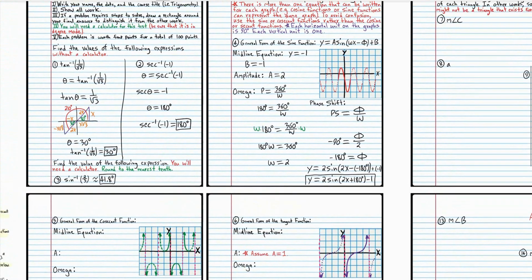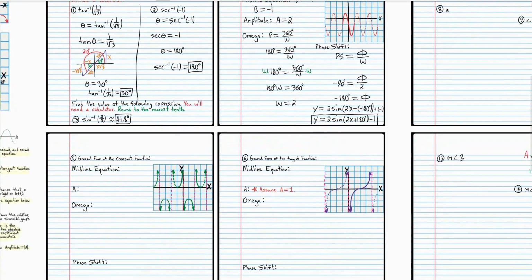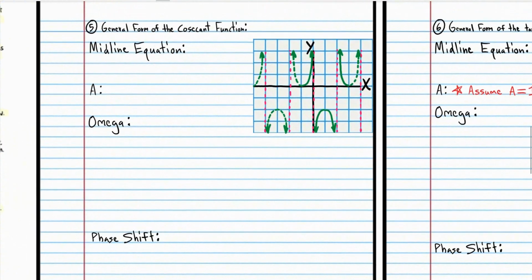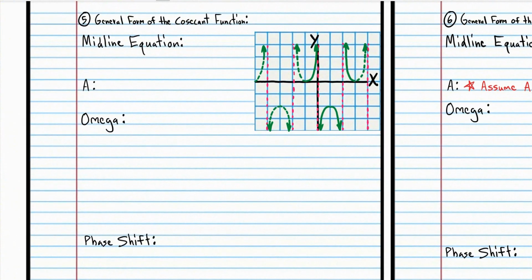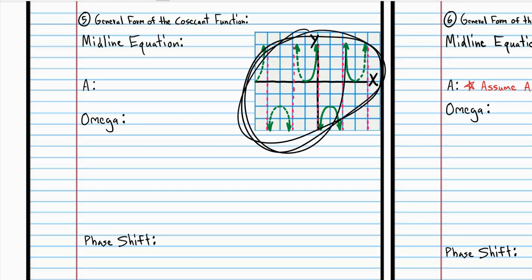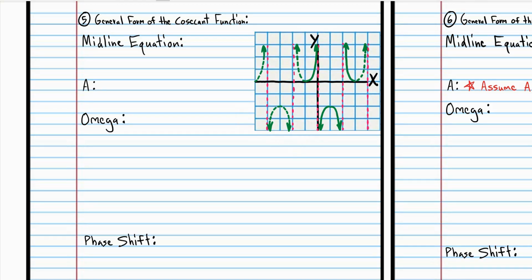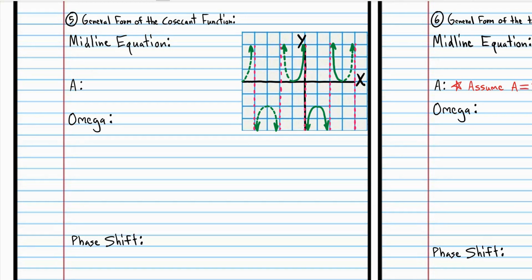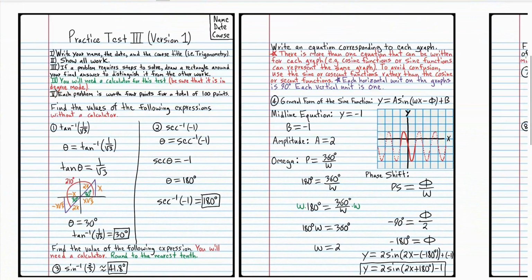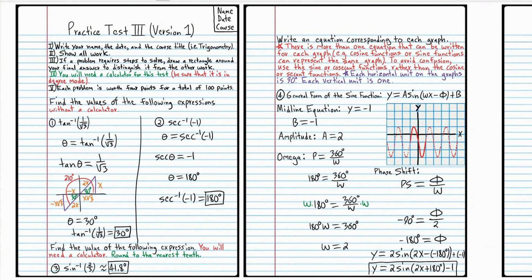Okay, if you got that one right, excellent. Go ahead and try number 5. Now, this is obviously going to be either a secant function or a cosecant function. But the directions tell us to always use the cosecant function when we are writing our equation.